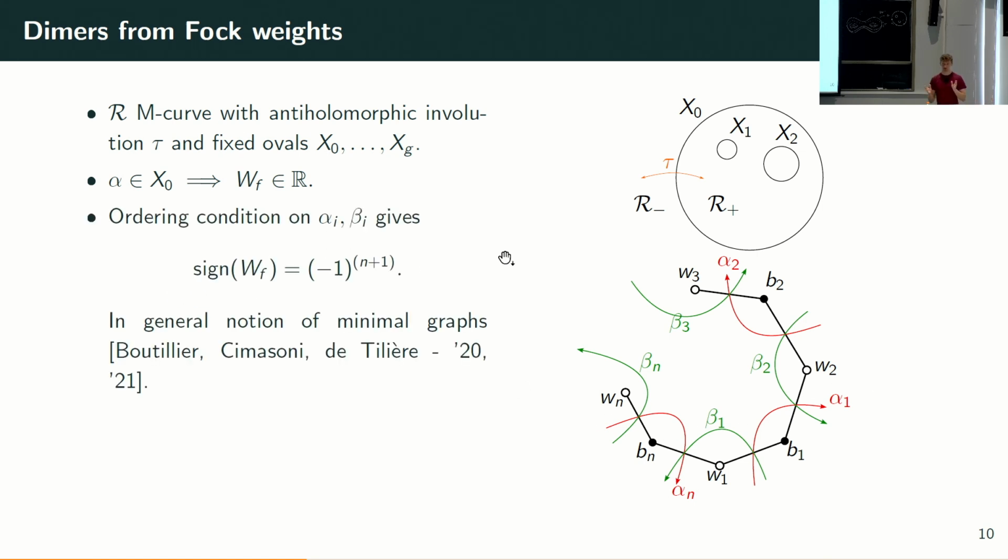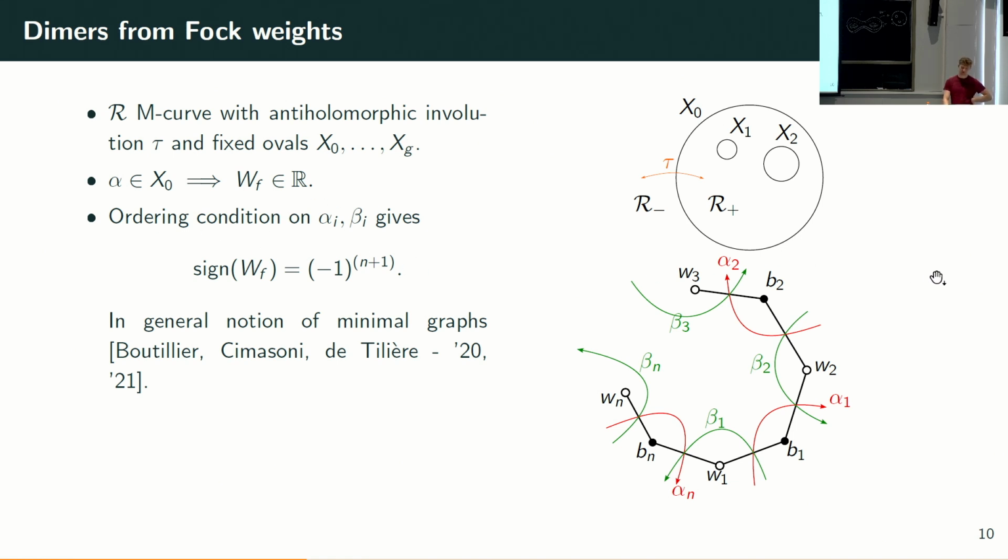This was studied in great detail by Boutillier, Cimasoni, and de Tilière, 3 or 4 years ago. They show that it's a kind of clustering condition that needs to be satisfied by the angles, by these parameters that we have chosen. And then this is exactly the case where our complex weights define an actual dimer model. I'm being very vague here, just some kind of ordering or clustering condition.